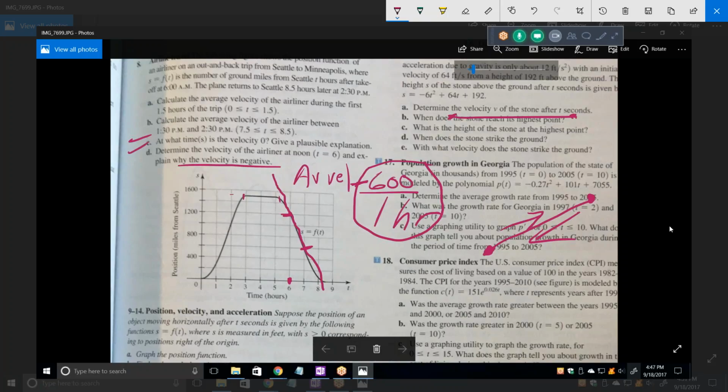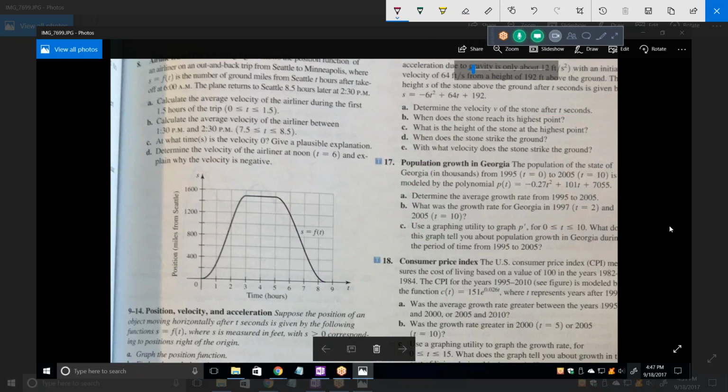So it's not quite correct to say that positive velocity is always to the right or up. In the context of the problem, positive velocity is in the direction of Minneapolis, whereas negative velocity means you're flying from Minneapolis back to Seattle. And I don't care whether it's on a horizontal line on the map or not. Doesn't matter. And I can understand why that's probably a little confusing also. But let's go on.